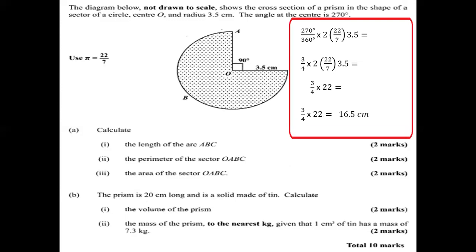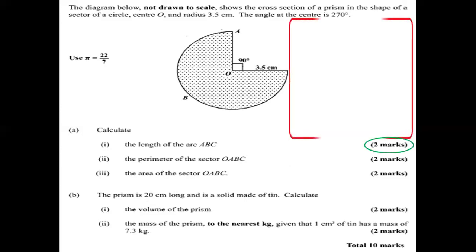Remember, we're just applying some numbers to the formulas, right? So we don't have to go in the exam and lose the mark for this. Let's just apply the formula and present our answers. All right, part 2 of A, the perimeter of a sector AOABC. Now, perimeter is the distance along the border of any shape, right? We already know that the curved part ABC is 16.5.